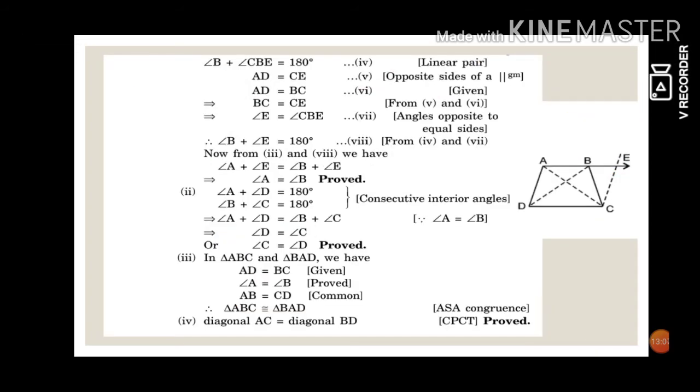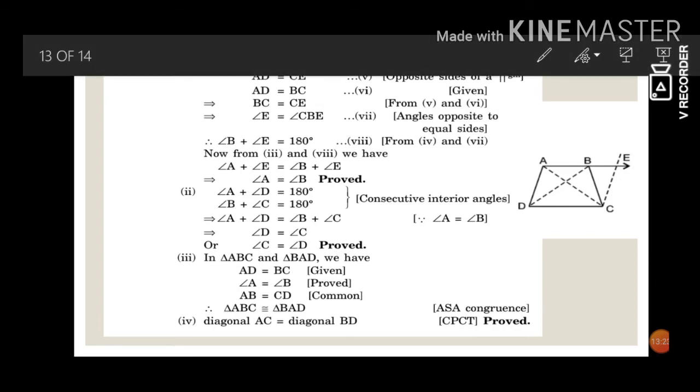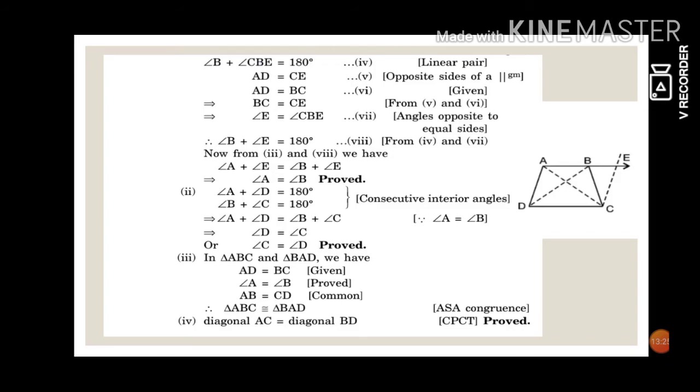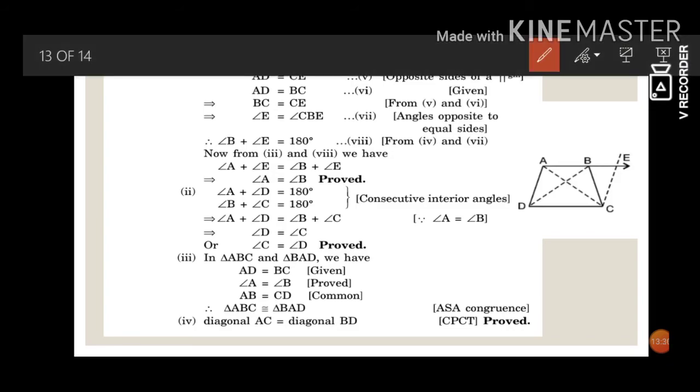Now we know that the point B lies on a straight line. So by linear pair we can say angle ABC plus CBE will give us 180 degrees, as the point is on a straight line. AD is equal to CE as they are equal and opposite sides of a parallelogram. Along with it we have AD is equal to BC.